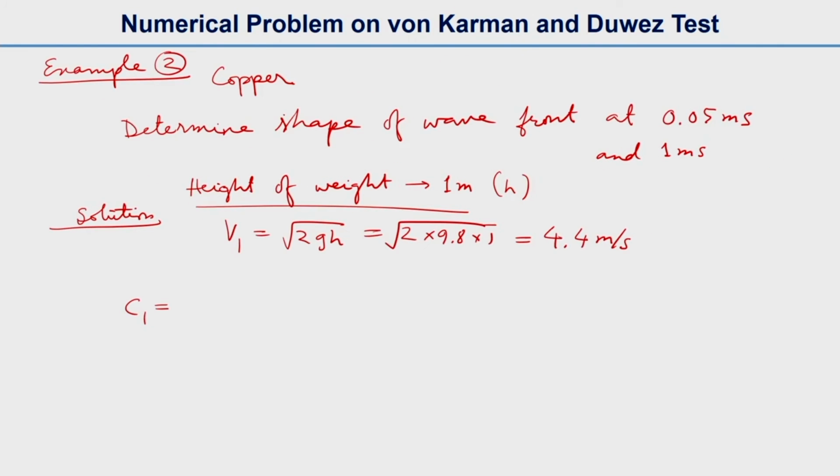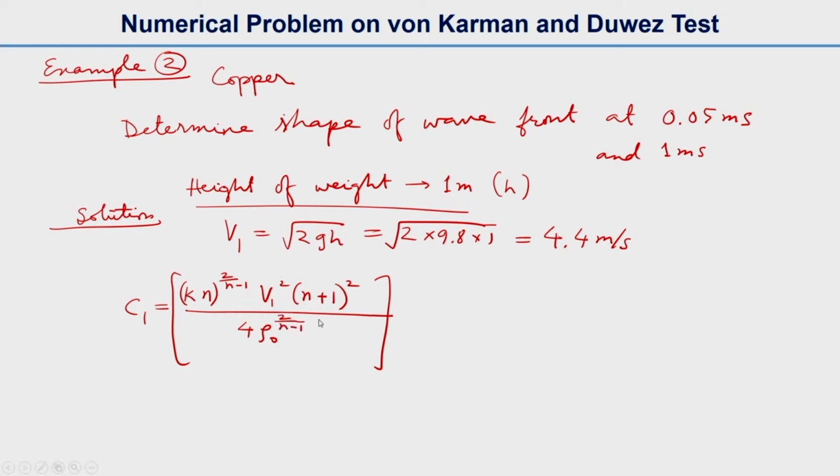So this will be like kn to the power 2 minus n, V1 square, n plus 1 square, divided by 4 rho naught, to the power 2 divided by n minus 1, and to the power n minus 1 to n plus 1.